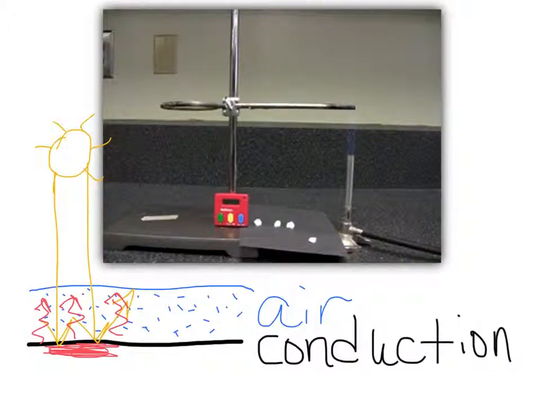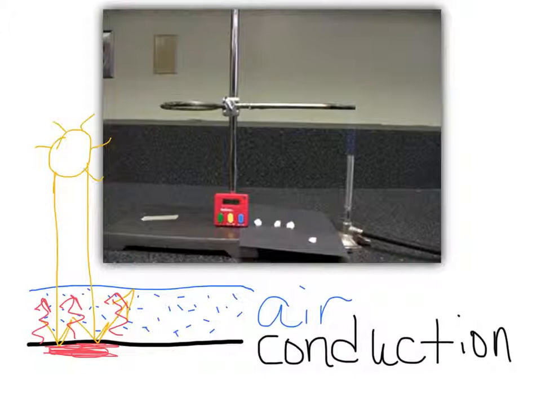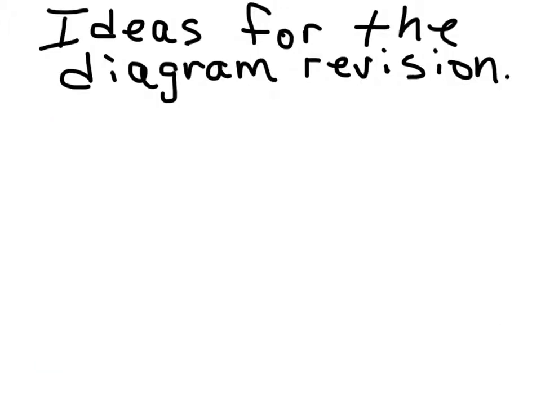So now we'll clean up the lab, and we're going to try and piece together the components of the lab with our thinking on how the air gets warm given this type of lab setup. We're going to apply them to that question in the diagram. Let's review some ideas for the diagram revision that we can take from the lab experience.